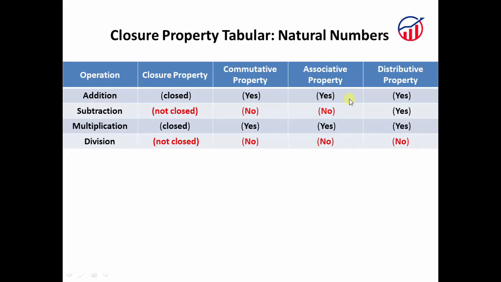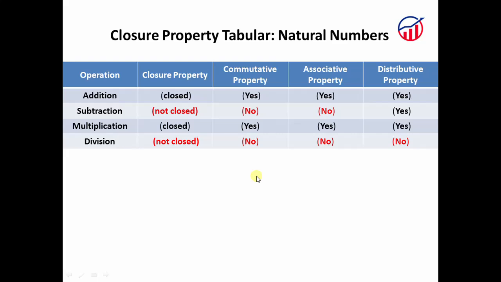The associative property also holds good for addition and multiplication and may or may not for subtraction and division, whereas the distributive property holds good for multiplication over addition and multiplication over subtraction.